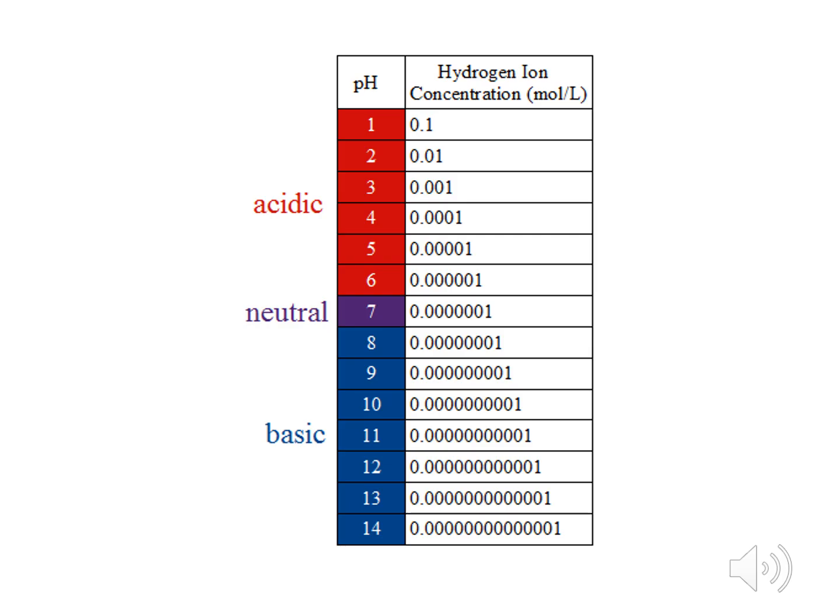Something with a pH of 2 is way more acid than something with a pH of 6, right? So even though the more acid you get, that means the more hydrogen you have, the number gets smaller, okay? So the higher the hydrogen concentration, the more acid. The less hydrogen you have, the more alkaline, or the more basic the solution becomes. Okay, so don't get those numbers switched around.